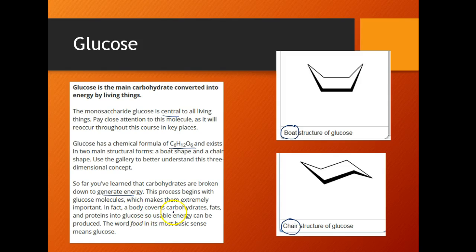In fact, a body can convert carbohydrates, fats, as well as proteins into glucose, so usable energy, which we'll learn later on is ATP, can be produced. So whenever we talk about the word food, or that an animal eats food, it's mostly that they're consuming glucose.